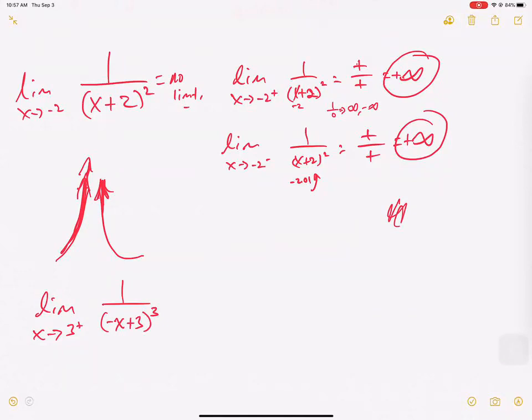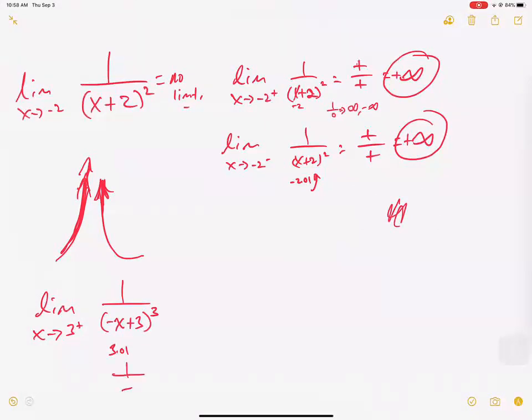So I threw a little negative sign here. From the right side, give me a number on the right side of 3. That's going to be like 3.01, right? Because of this negative sign, this parentheses becomes negative.